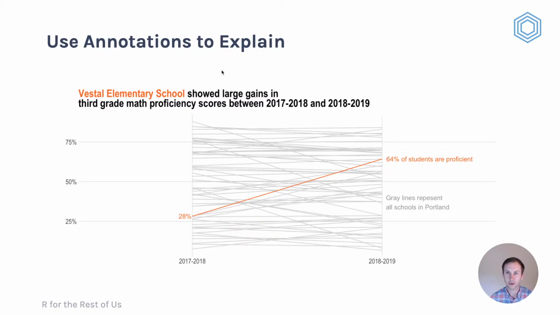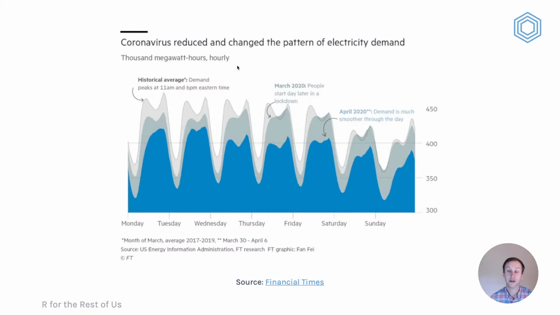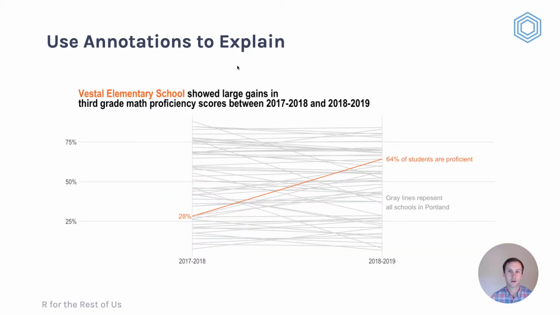I gave the example, and I started out with this chart from the Financial Times, which has really excellent annotations. And then we're doing it in a really simple way, but hopefully people get the idea and then think about doing more complex annotations.